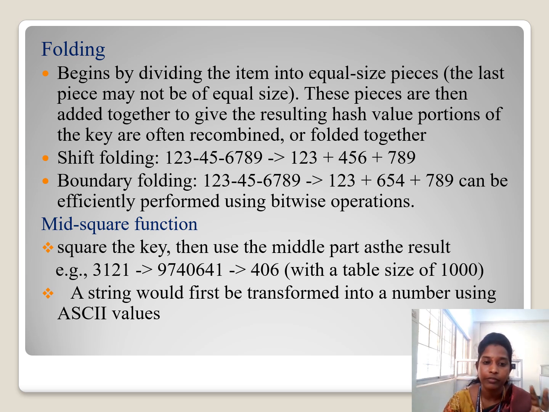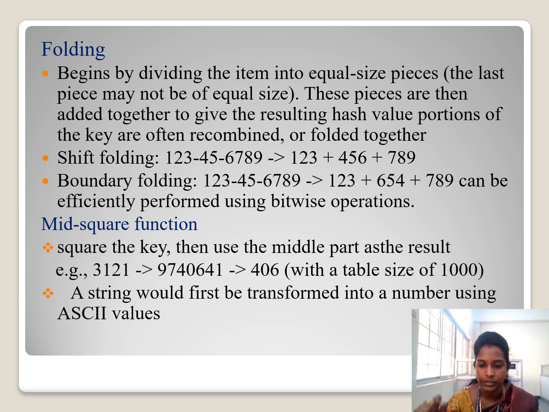If we have been given 5 digits, we can divide it as 2 and 2 and then one digit at the last. After dividing, we add all these parts and get one key value. That key value is taken mod the table size, and we get some index value. At that index we are going to store this 1 2 3 4.